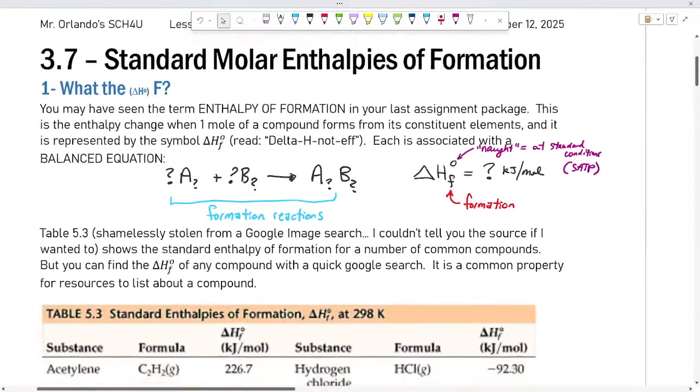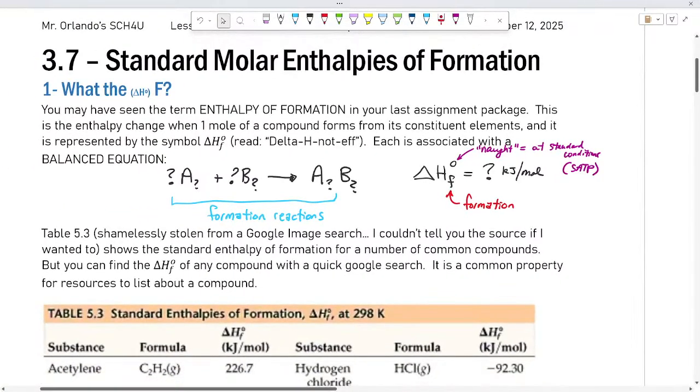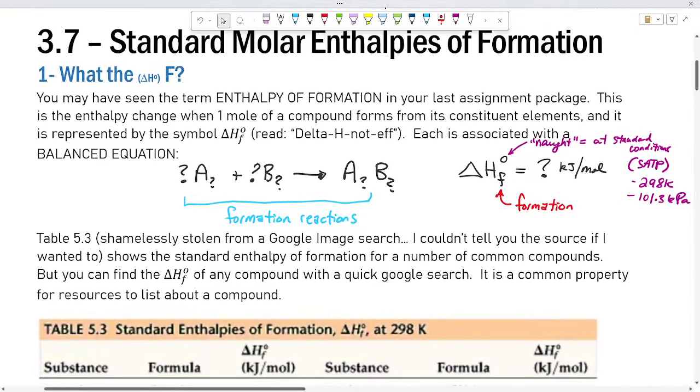Does anyone know what that refers to? It's 20 degrees Celsius, so 298 Kelvin, and the pressure is 101.3 kilopascals.